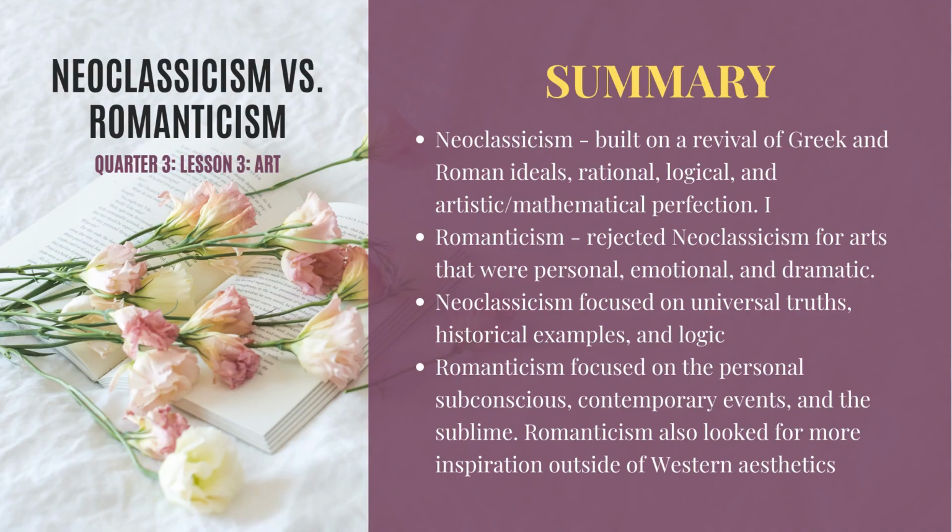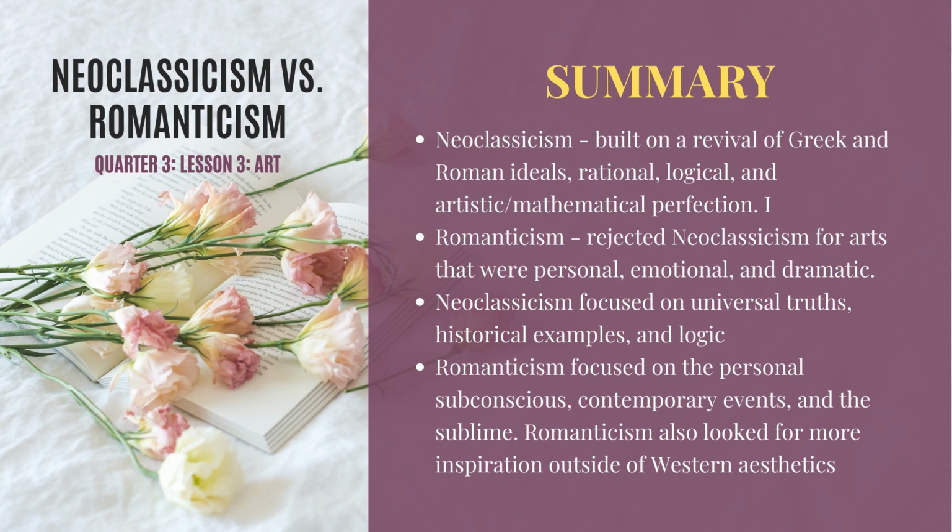So there you go. I hope that you learned something from this video presentation. So to have a short review, at the dawn of the 19th century, two very different styles briefly overlapped. This was the end of Neoclassicism, which is built on the revival of Greek and Roman ideals, rational, logical, and artistic mathematical perfection. It was also the beginning of Romanticism, which rejected Neoclassicism for arts that were personal, emotional, and dramatic, whereas Neoclassicism focused on universal truths, historical examples, and logic.